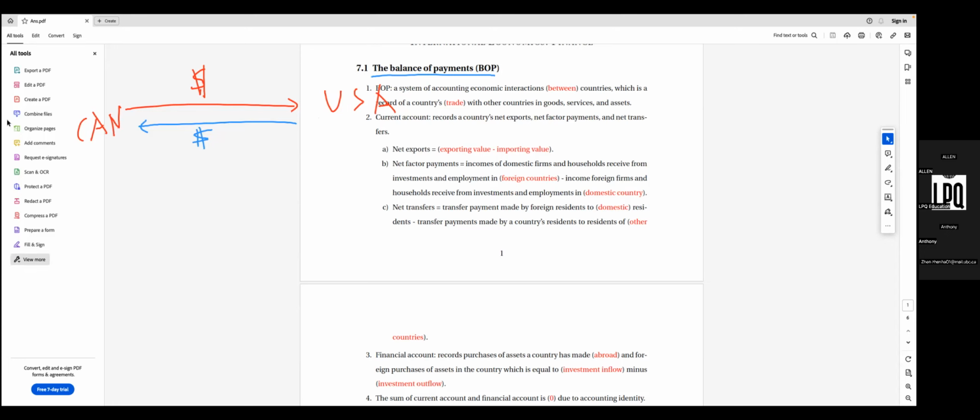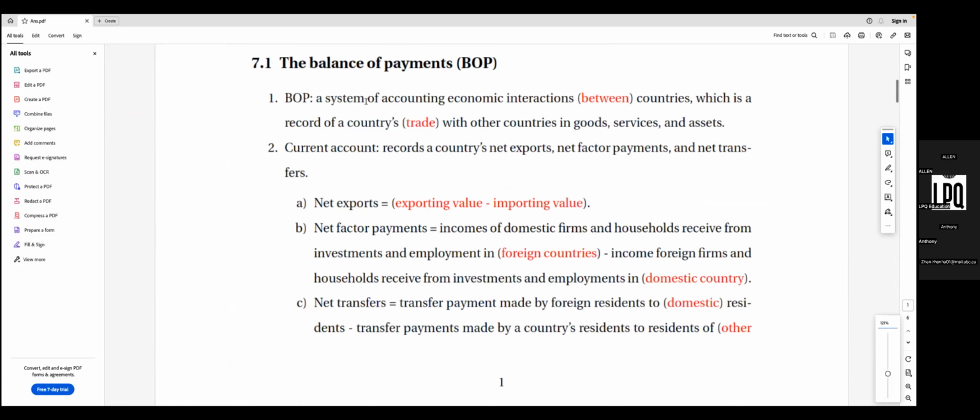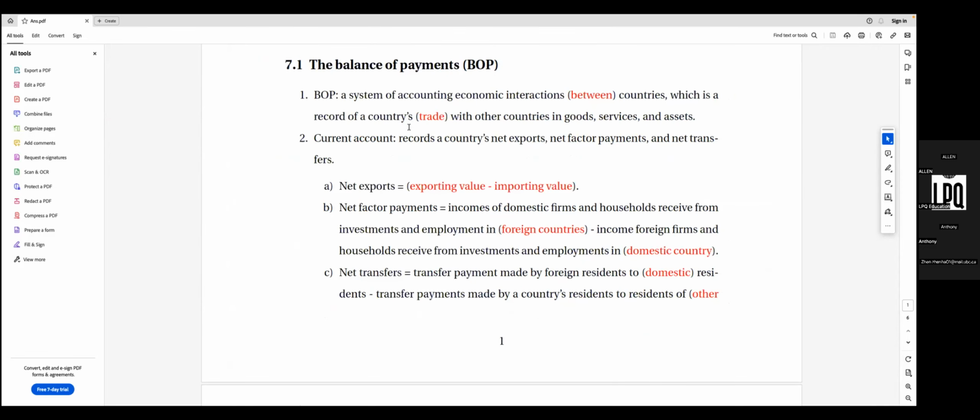Let's formally define what a BOP is. As you can see here, this is the definition: it is a system for recording economic transactions between countries, like Canada and the USA.